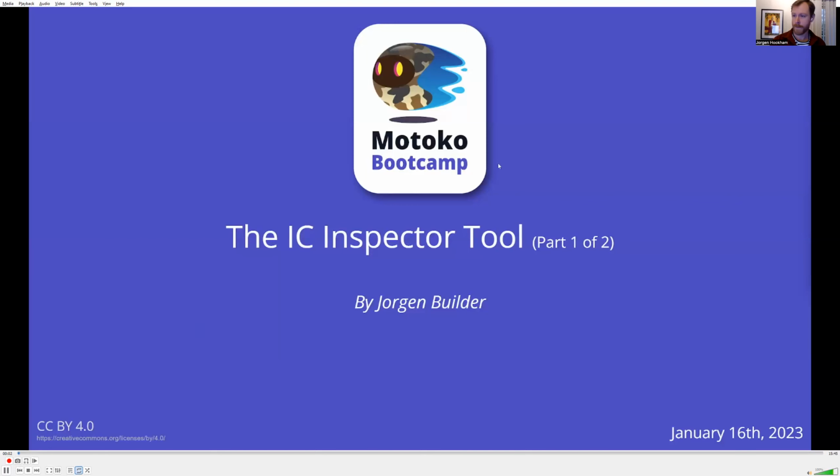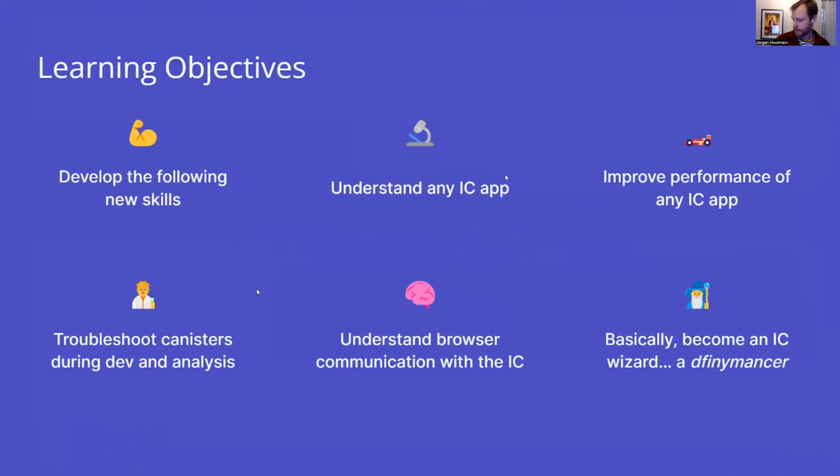In part one of this talk, the pre-recorded section, we're going to cover just a bit of an introduction. Learning objectives for this lecture are going to be developing a couple of new skills using the Internet Computer Inspector, IC Inspector.